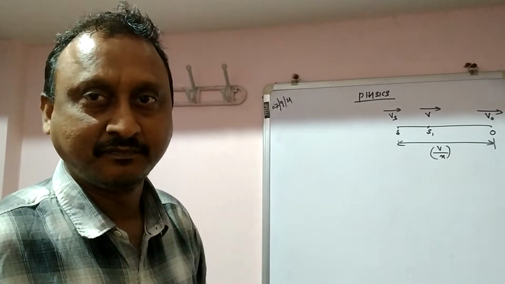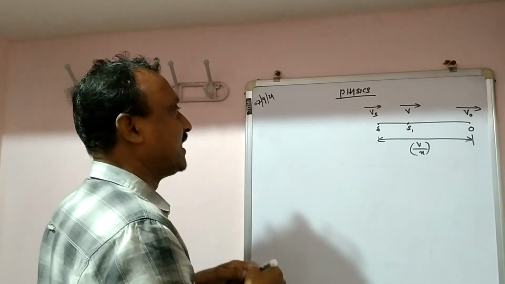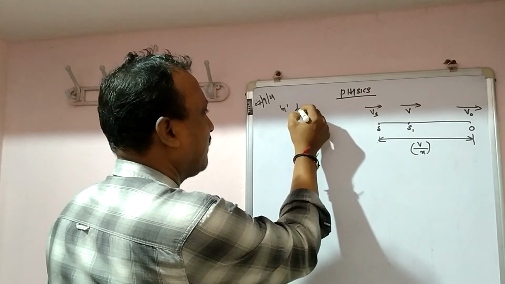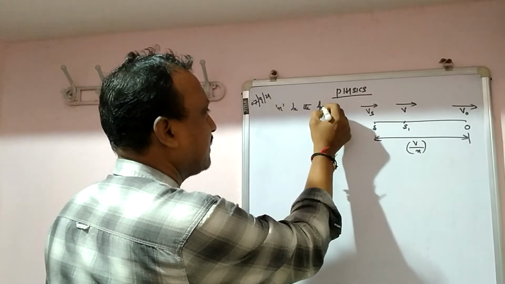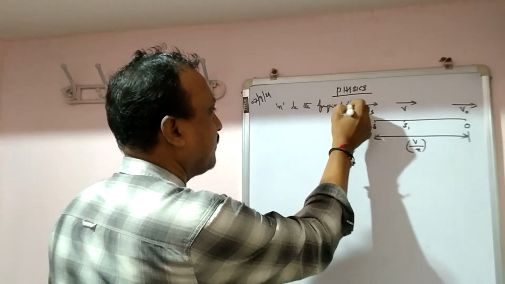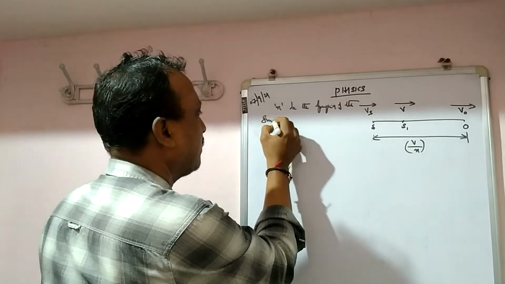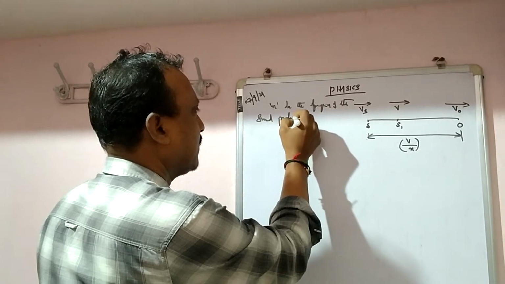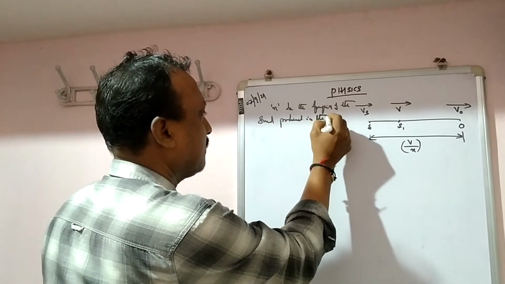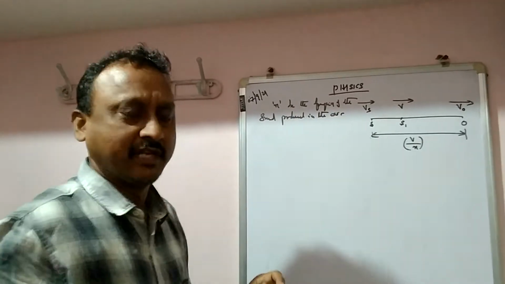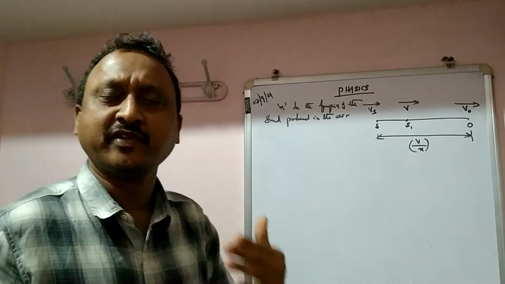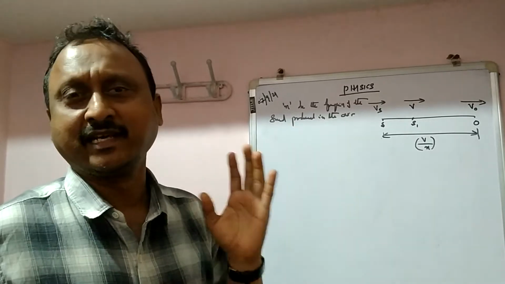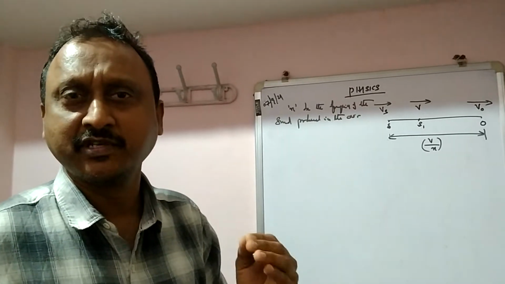We'll see what happened. Now let n be the frequency of the sound produced in the air. What is the definition of frequency? The number of vibrations or oscillations produced in 1 second.